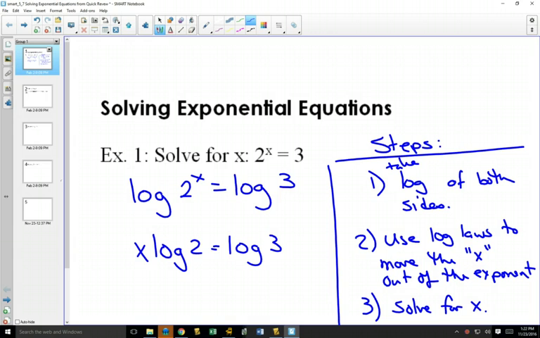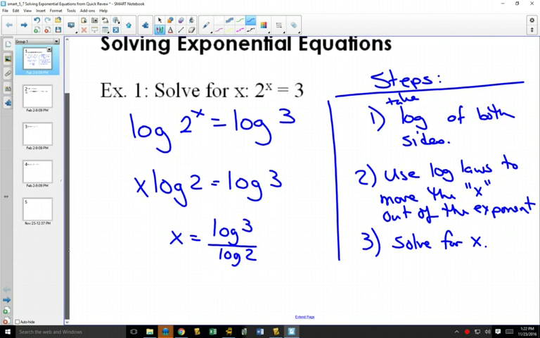Right now on the left, it's x times a number, and on the right-hand side, we've got another number. We have to remember that log 2 is a number, log 3 is a number. Log by itself doesn't mean anything unless there's a number or something inside of it. So at this point, if I wanted to get x by itself, I could divide both sides by log 2. And we get x equals log 3 over log 2.